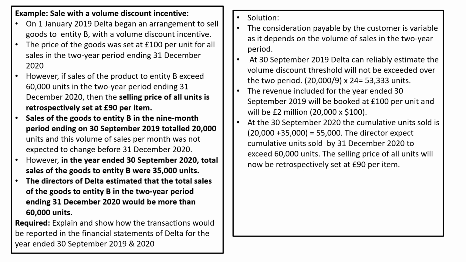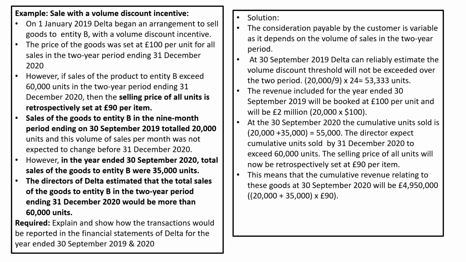That is the 20,000 plus the 35,000 units to September 2020. Now the directors expect that the cumulative units sold by 31st of December 2020 to exceed 60,000. The selling price of all units will now be retrospectively set at £90 per item.